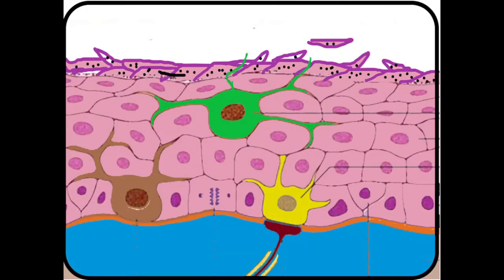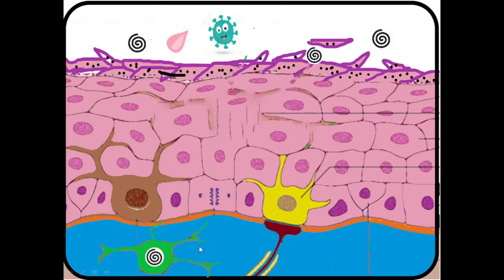Let us see how. That means once it has encountered the antigen, it will leave the epithelium and move to the underlying connective tissue, to the cutaneous lymph node. Now this Langerhans cell has detected an antigen, and once it has detected the antigen, it has moved out from its site to the underlying connective tissues.